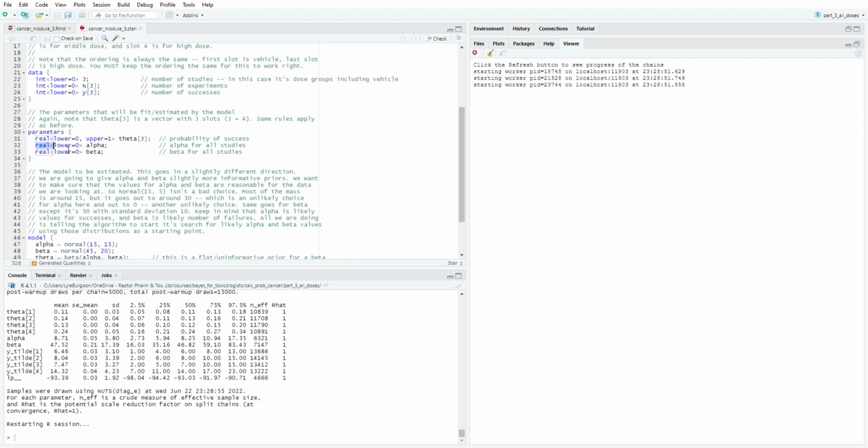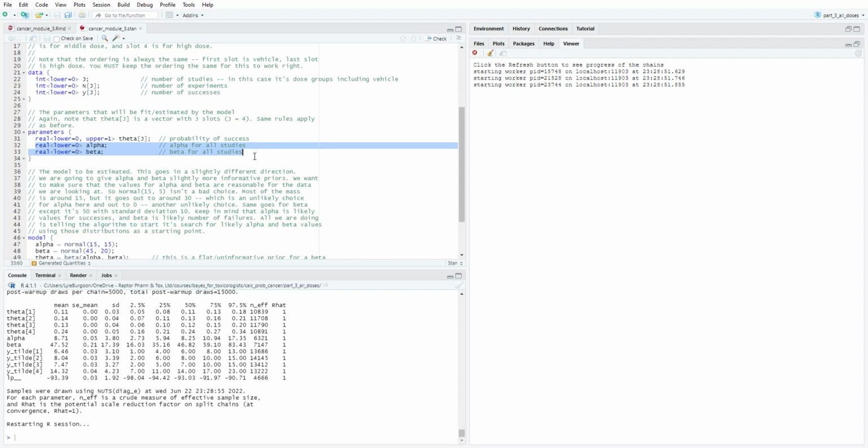This alpha here is going to be the alpha for all studies, and the beta is going to be the beta for all studies. So what's happening is we have a hierarchical structure where we are basically saying that there's a global alpha and a global beta that is shared by vehicle, low, medium, and high.